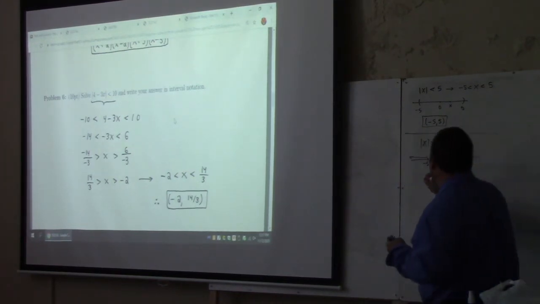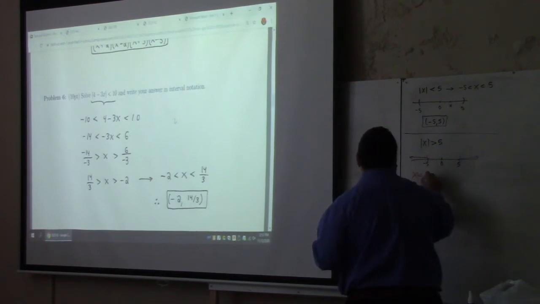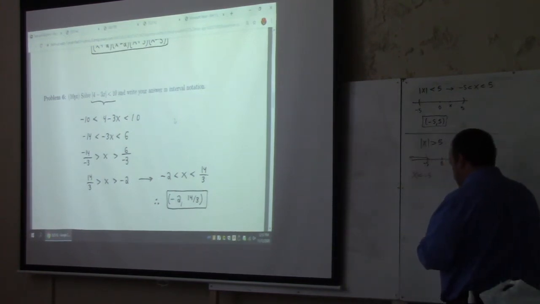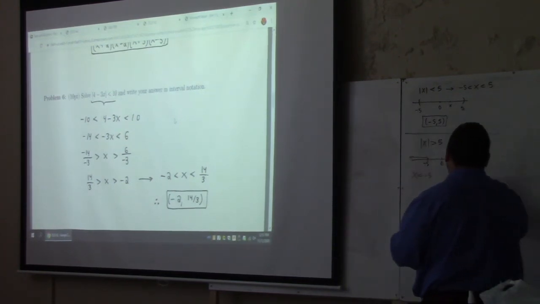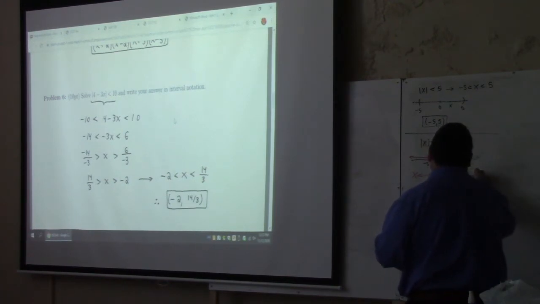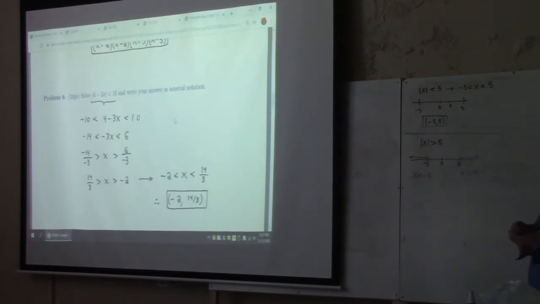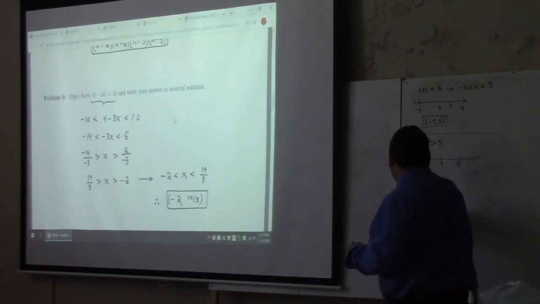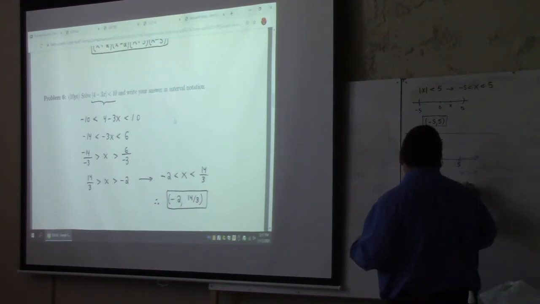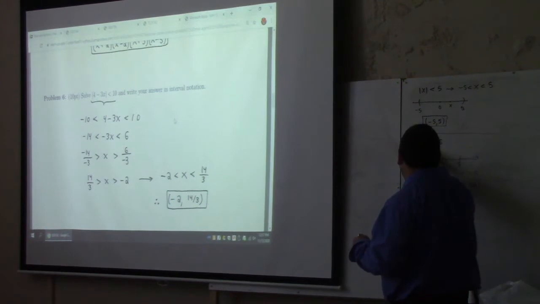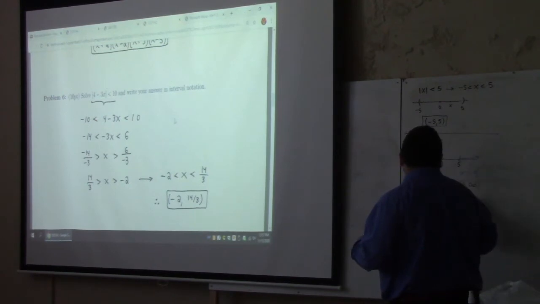So you have x less than minus 5, or you have x greater than 5. In terms of intervals, it's minus infinity to minus 5 or 5 to infinity. So the solution to absolute value of x greater than 5 is minus infinity to minus 5 unioned with 5 to infinity.